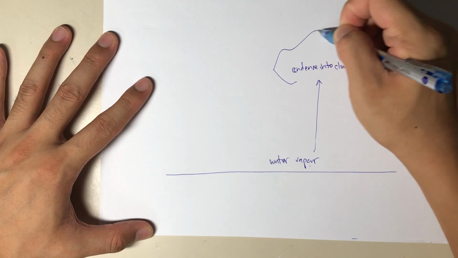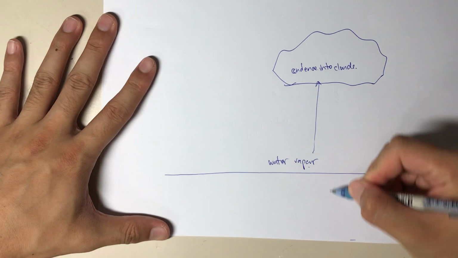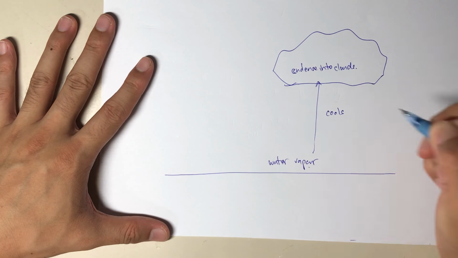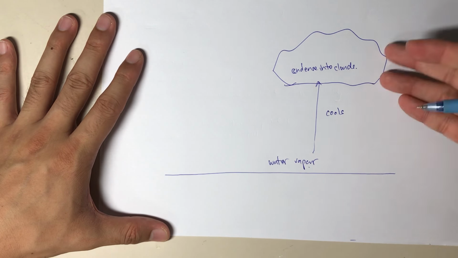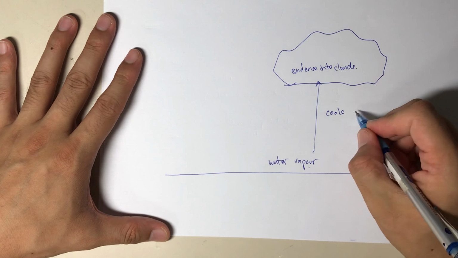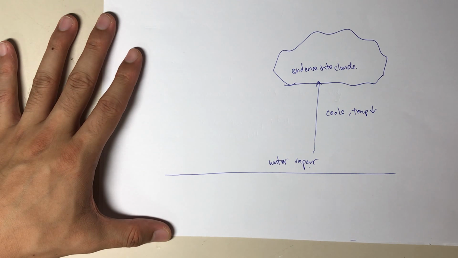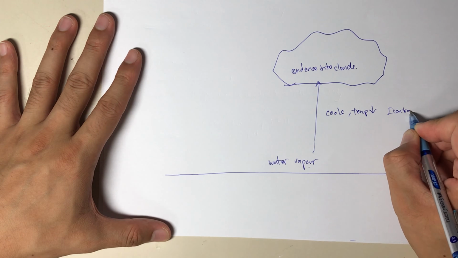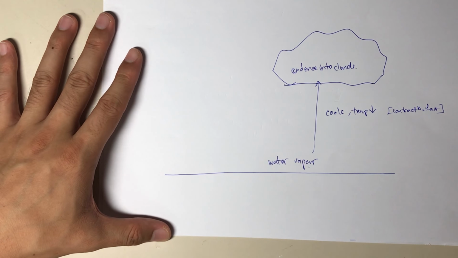As it rises, it will form clouds. How come? The process is that as it rises, it experiences cooling. The water vapor loses energy as it rises and it cools. What it means here is temperature drops. And remember, when temperature drops, there is contraction of air.